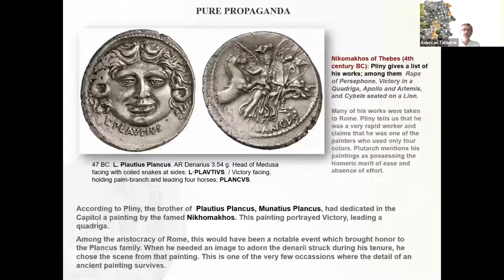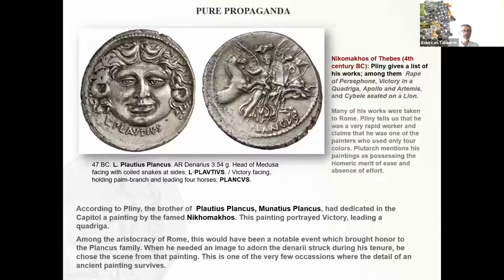Here is another interesting coin that my friend Paul drew my attention to. According to Pliny, the brother of Plautius Plancus, Munatius Plancus, had dedicated in the Capitol a painting by the famed Nicomachus, a Greek painter. This painting portrayed Victory leading a quadriga.